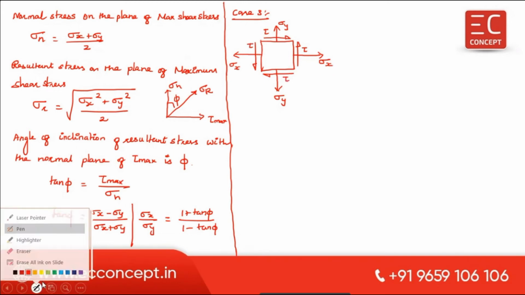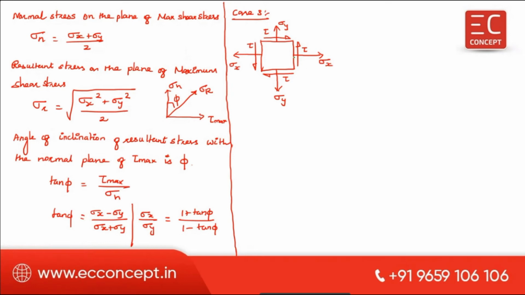In this case we can say this plane is not a principal plane. Why? Because there is a shear stress. Therefore sigma x is not equal to sigma 1, sigma y is not equal to sigma 3.